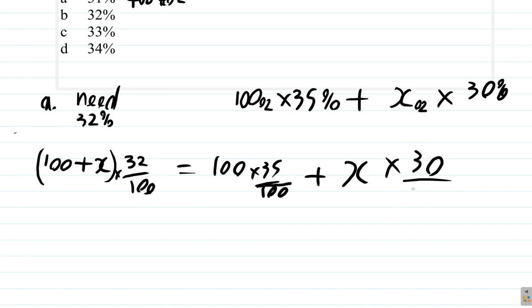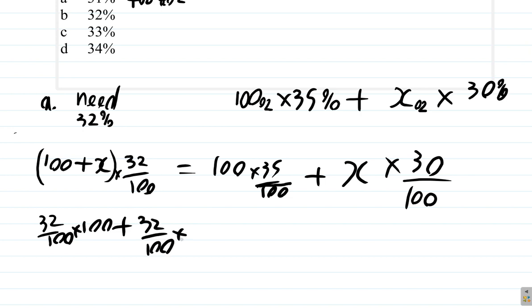Per cent means out of 100, so multiply them. 32 out of 100 by 100 plus 32 out of 100 by x equals, you cancel this down, 35 again, plus, if you cancel down, 3/10 x.